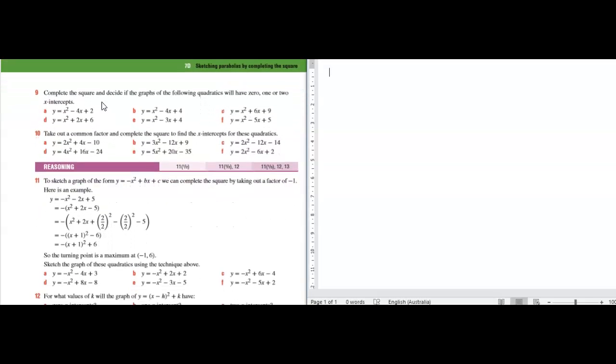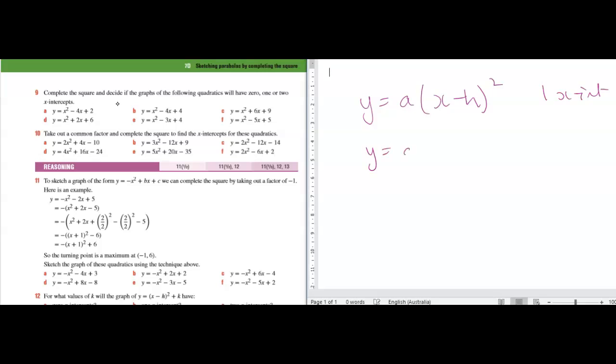See question 9, it says complete the square and decide if the graph of the following quadratics will have 0, 1 or 2 x-intercepts. So if your equation is in the form like that, in turning point form, you're going to have 1 x-intercept.